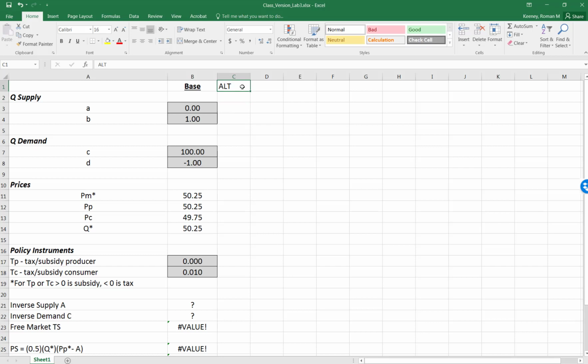So if we wanted to do a base case versus an alternative case, then what we might do here is leave the subsidies and the taxes always at 0 in the base case, and then compare things in the alternative case to what happens if we go from 0 tax or 0 subsidy on producers to some positive subsidy on producers. Well, that means we could compare the columns directly. We just have to be sure that we get the model matched up correctly here.